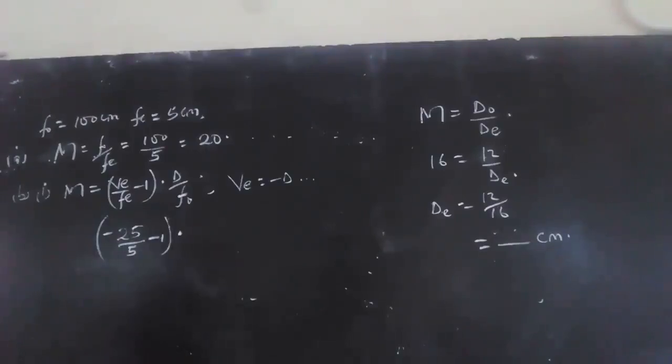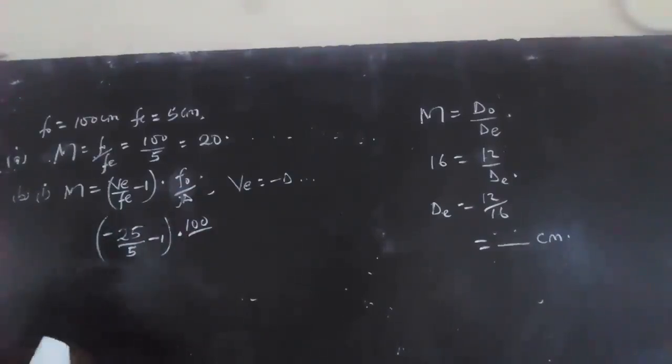In this case, this D was not for the final image, so it will be positive 25. So this becomes negative 6 times this is 4, which is negative 24.